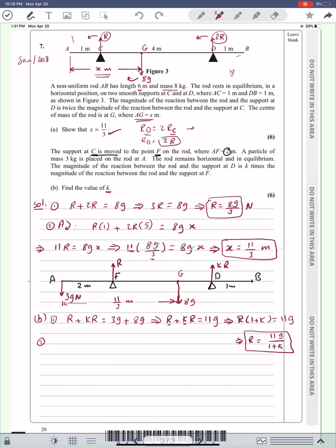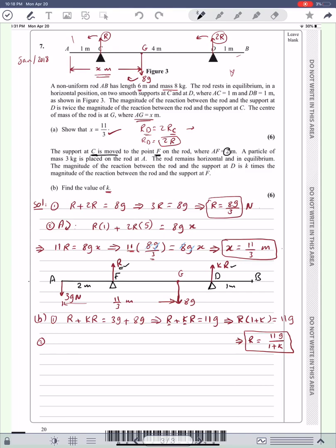Now, to have fewer steps of algebra, we have to be smart here. Remember, we can take the moment at any point. But if you take the moment at A, which is not wrong, it's right, you'll have force R and force KR with moments, so you'll have more R's and many K's in the question.